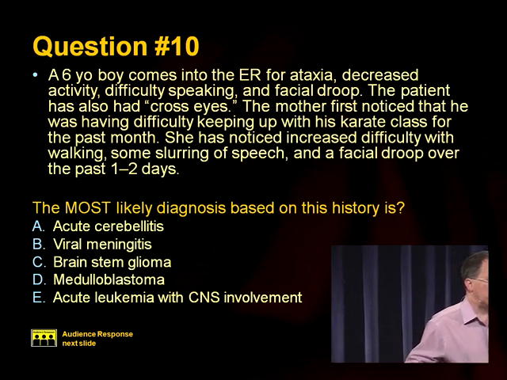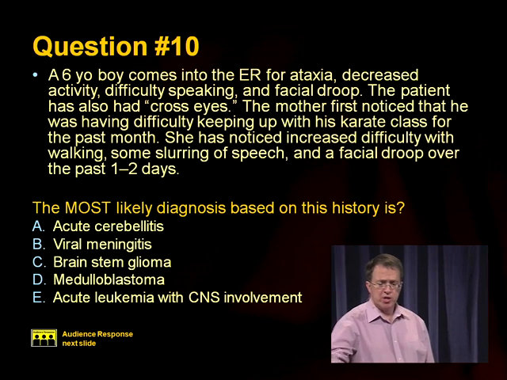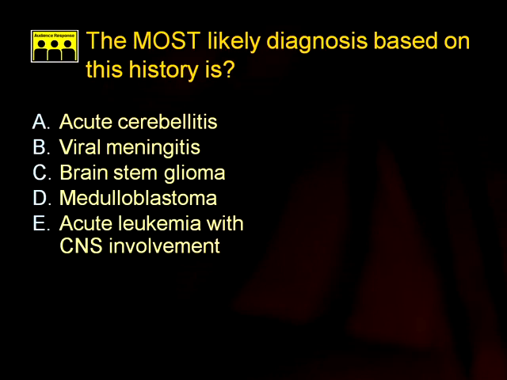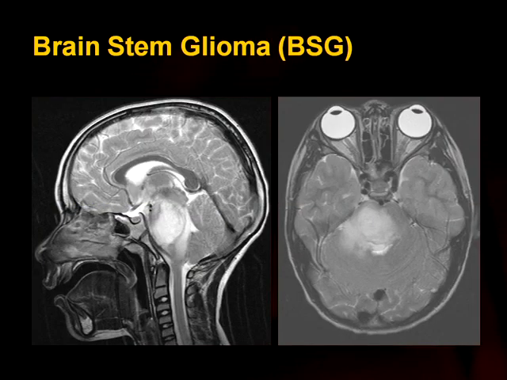Okay, those are all cranial nerves. Okay, so this is a question where the pathology is going to involve the cranial nerve nuclei. Okay, and so this is a brainstem glioma.